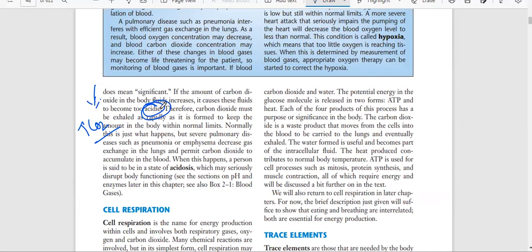So to not bring the fluid into the acidic region, we have to release carbon dioxide from the body and maintain it within limits. When is carbon dioxide not excreted? In any pulmonary disease, lung disease like pneumonia, emphysema, or nowadays COVID. Then the patient will enter into acidosis. We'll talk about acidosis later on.